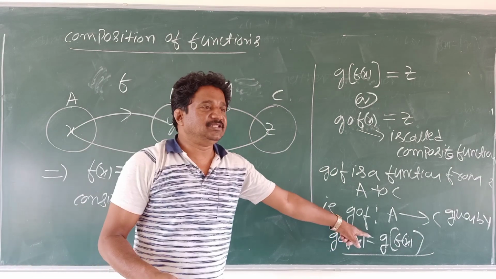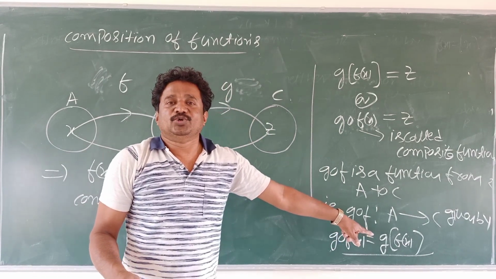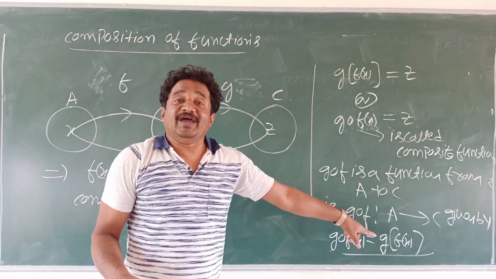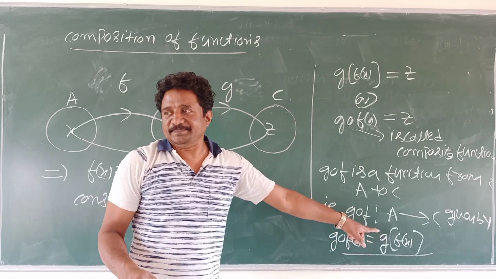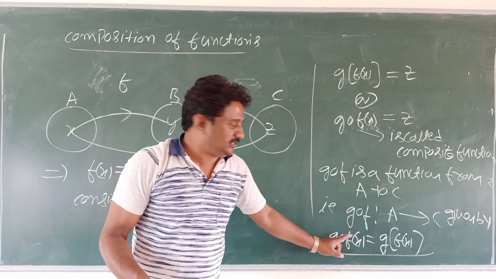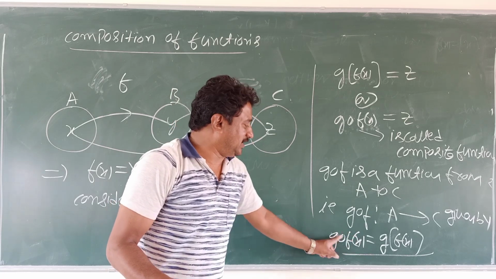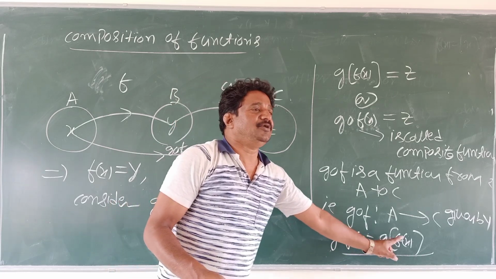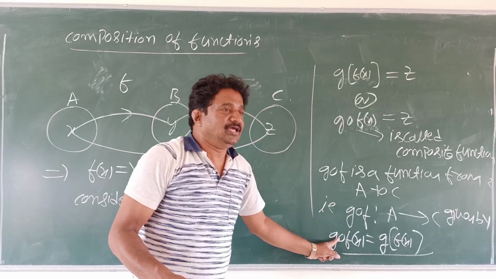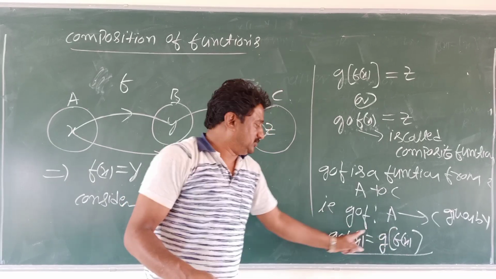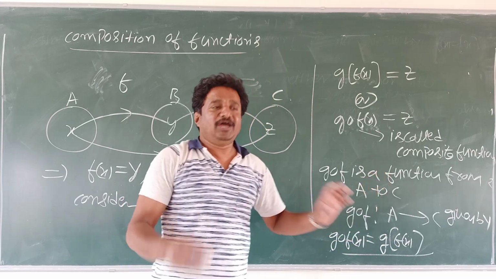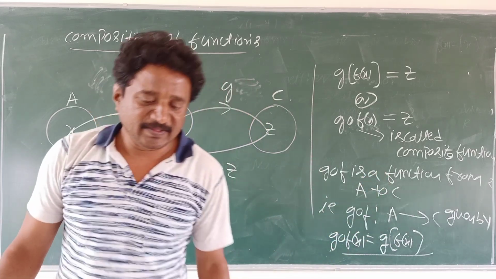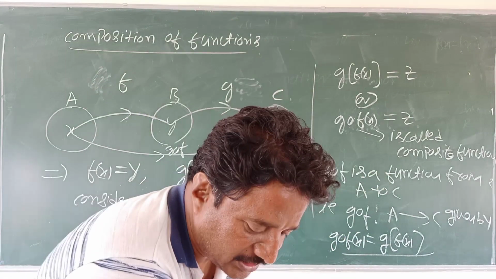You always find this because we use this concept while solving problems. G circle f means g into f(x). For the circle, you write into. Circle means into. I hope you understood this. So this is about composite function.